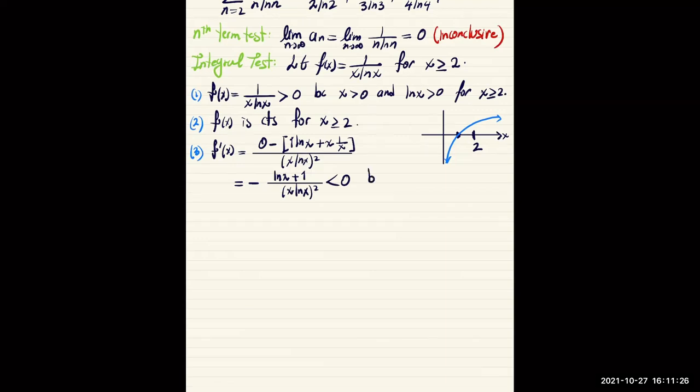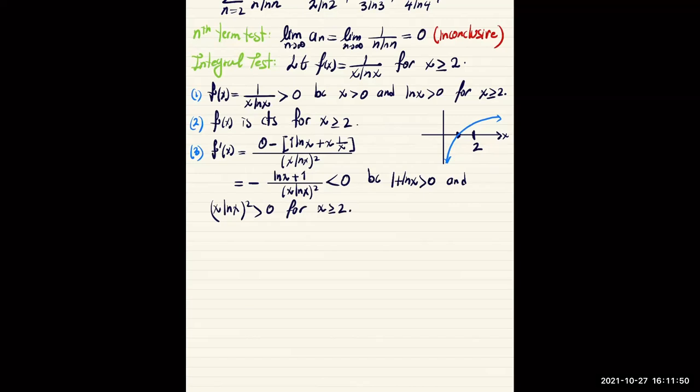And you could justify by saying that 1 plus ln of x is positive and x ln x squared is positive for x greater than or equal to 2.